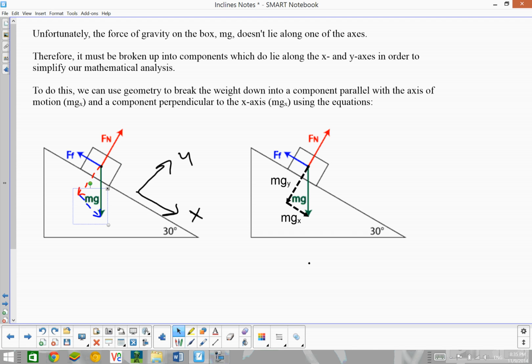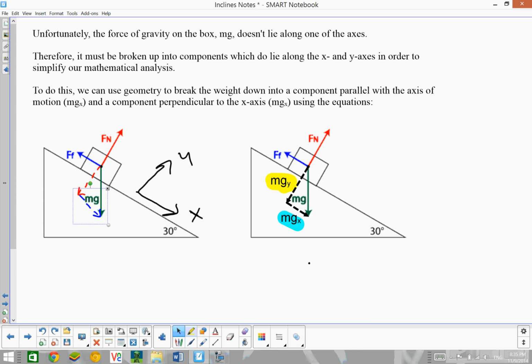We end up calling the y component mgy or Fgy, also known as the perpendicular component of weight. We'll do the same for x. We'll call it mgx or Fgx, also known as the parallel component of weight.